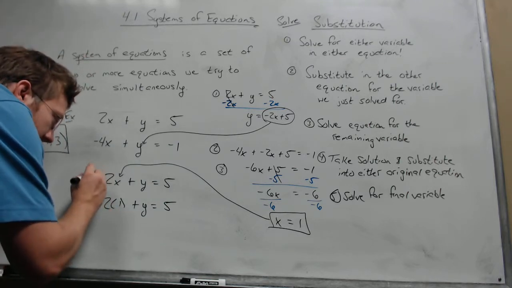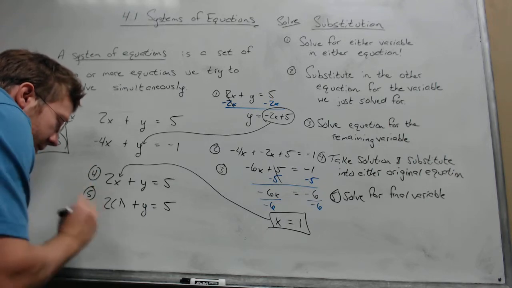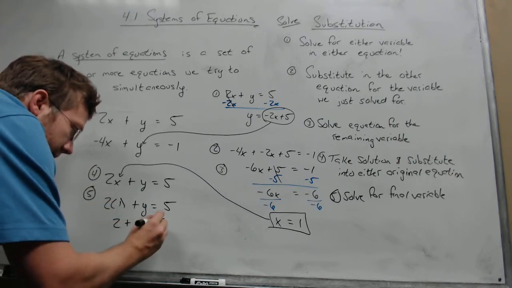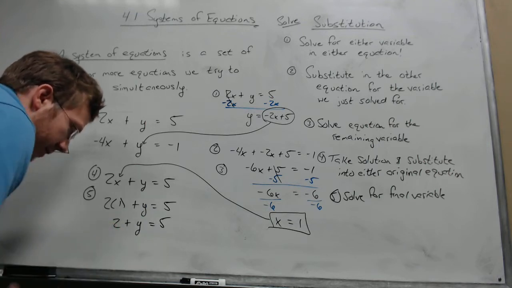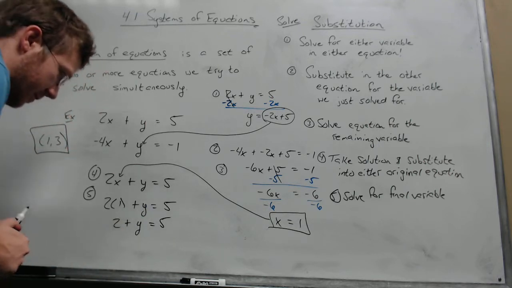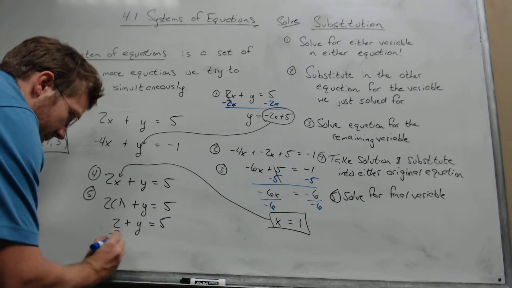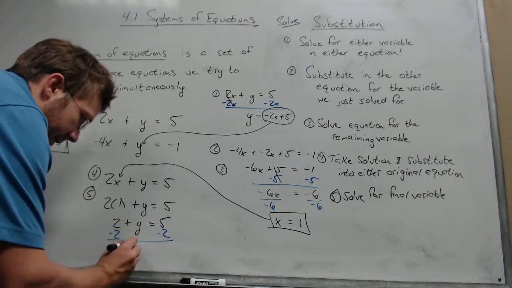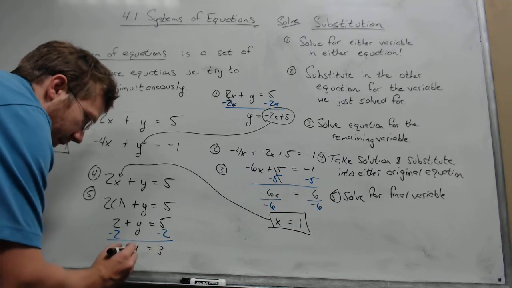That'd be step 4. This would be step 5. So we have 2 plus y equals 5. Subtract 2 from both sides, and we find out that y is equal to 3.